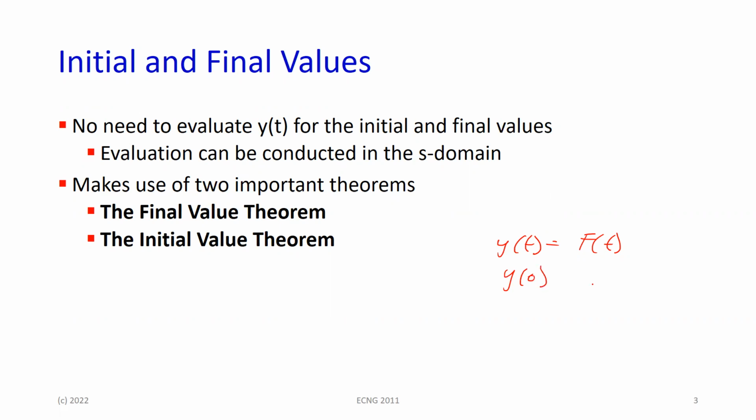And if I wanted to see what it's doing when the system has been on for a little while, in other words, a steady state, I could let t go to some very large number. So I can let t get very big and then see what f(t) is. So f(0) will give me my initial value, and f at infinity, t close to infinity, will give me my final value.